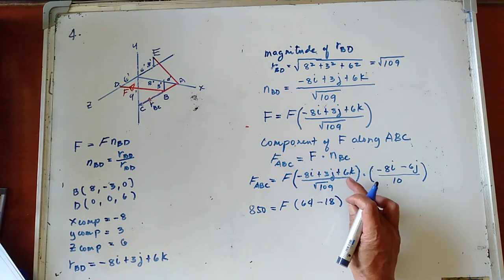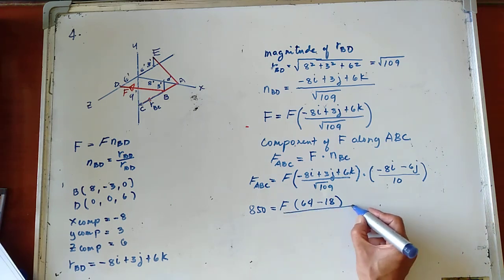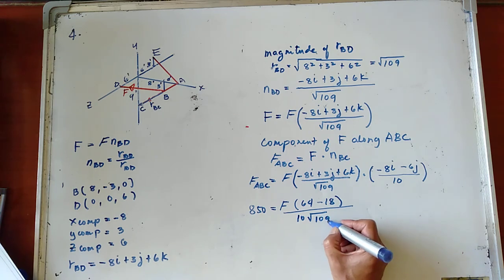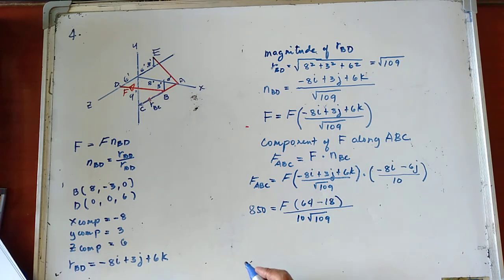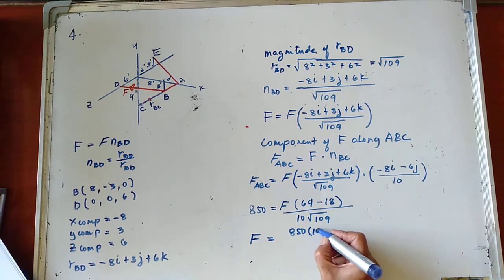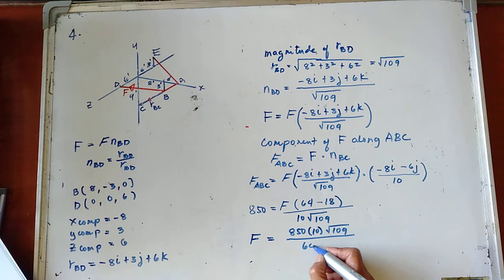And then k, we do not have k in here. So it is equal to 0, all over 10 the square root of 109. So the magnitude of the vector F is now equal to 850, multiply this by 10 the square root of 109, divide this one by 64 minus 18.